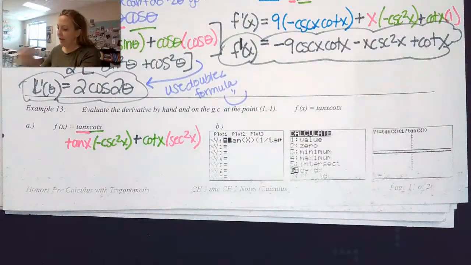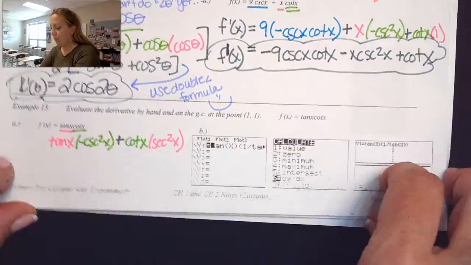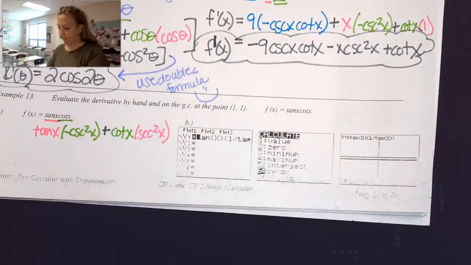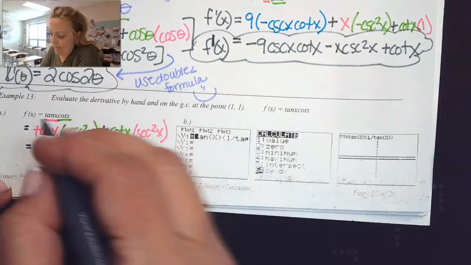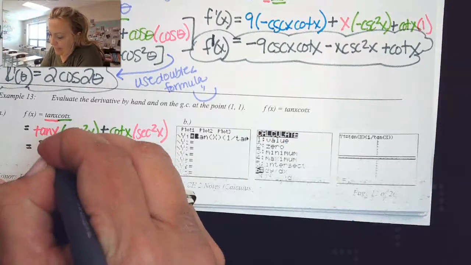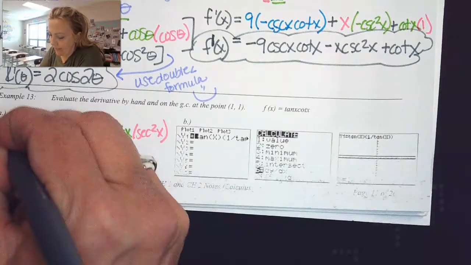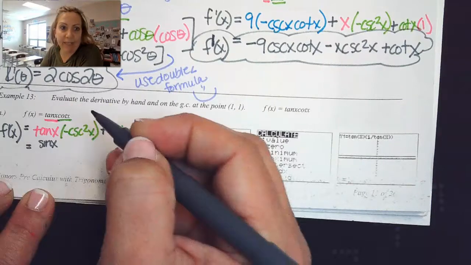Okay. So one thing we could maybe do is put everything in terms of sine and cosine and see if we could cancel. Oh, this is f prime of x. My bad. That was very bad for me not to label that.